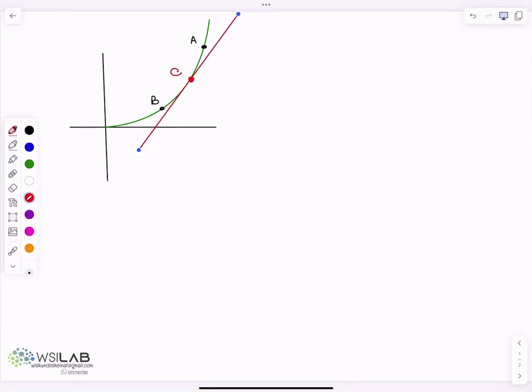The problem I have, I only have one coordinate. So I can't do y minus y over x minus x. Do you understand? Then what I can do, I can use calculus to find the gradient at any point of that curve. Calculus is a way to find gradient.